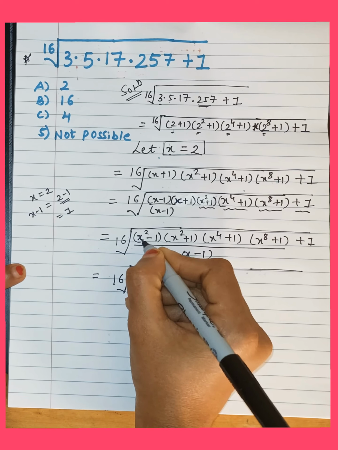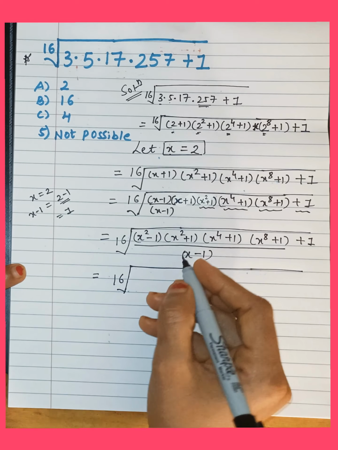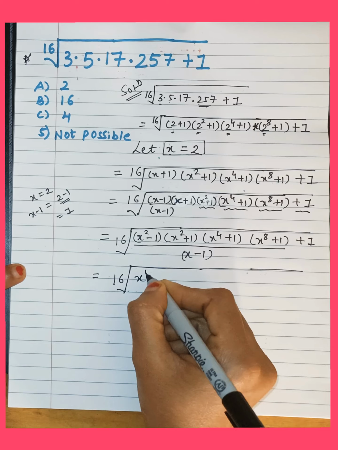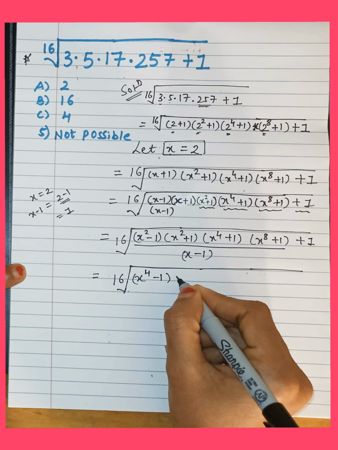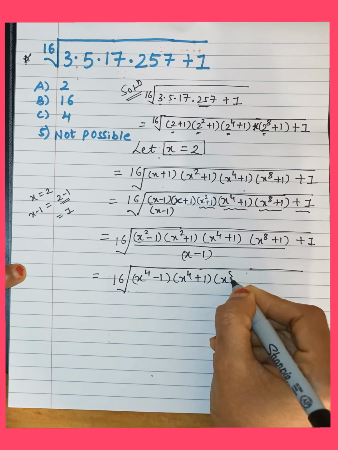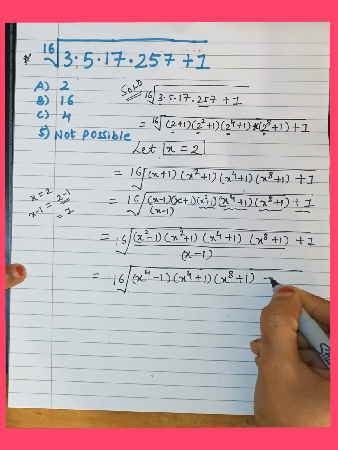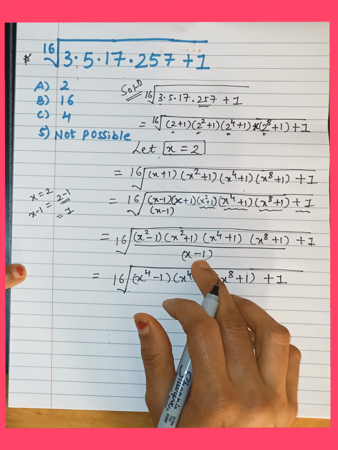So in place of a, we have x square, and squaring it again, we will get x raised to 4 minus 1. And the rest part we are keeping as it is. So x raised to 4 plus 1, x raised to 8 plus 1, and this plus 1. Denominator we are not writing, as I told you, it becomes 1.